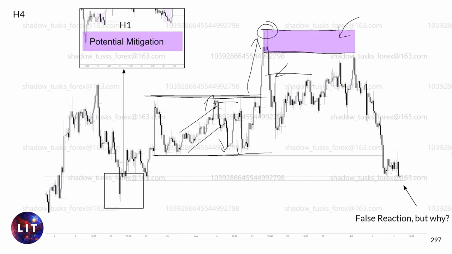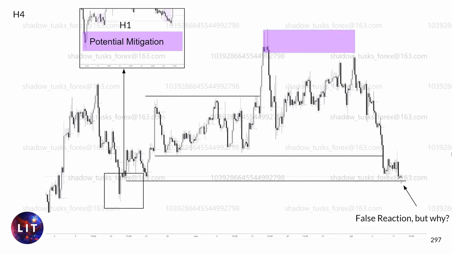Again, even at this point here, come back down into these levels, pretending that it holds. Same thing, and now we are right here where we have 1, 2, and now we're giving a reaction off of this. So what is this likely going to be? A false reaction, right?